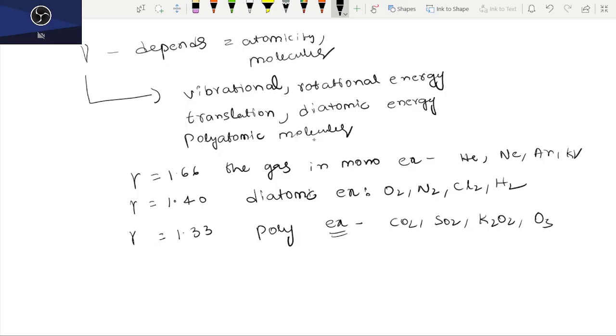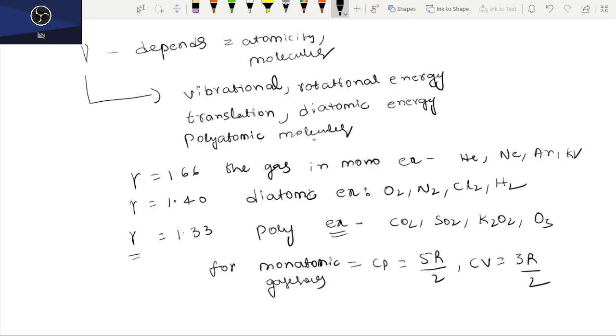But especially for a monoatomic structure, a single atom in a gaseous state, Cp is equal to 5R by 2 and Cv is equal to 3R by 2. So for monoatomic gases, Cp is 5R by 2 and Cv is 3R by 2. Clear my point?